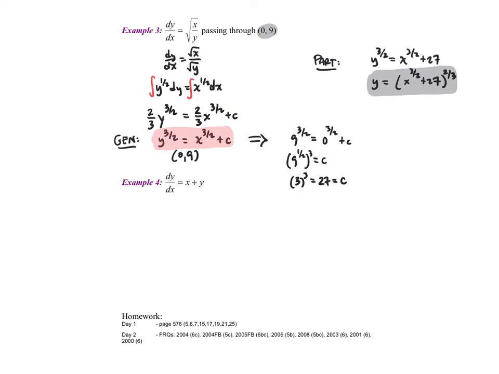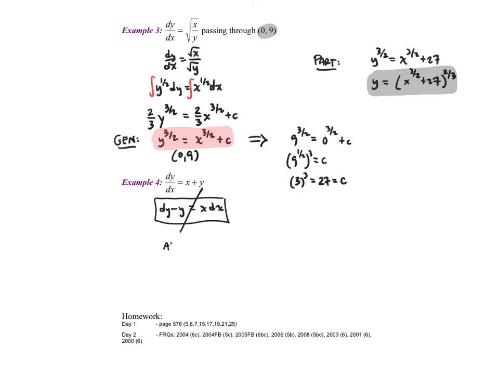Okay, let's look at example 4 real quick. Now, example 4 is not separable. Many students will try to separate this and write this as dy minus y is equal to x dx. That's just not going to work with our formatting for integration. This is not a separable differential equation.